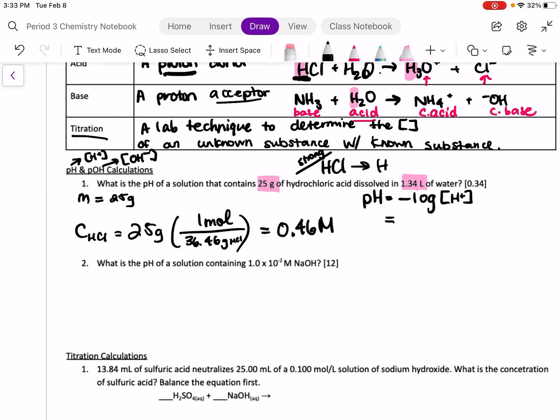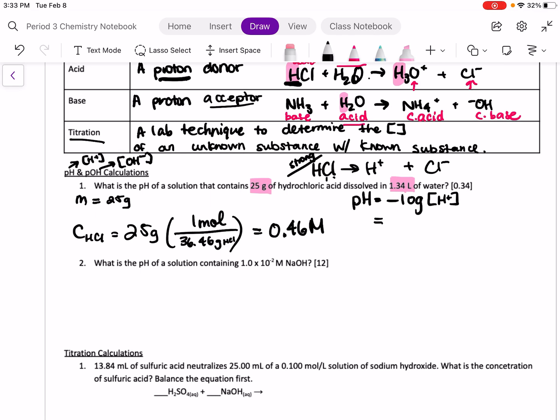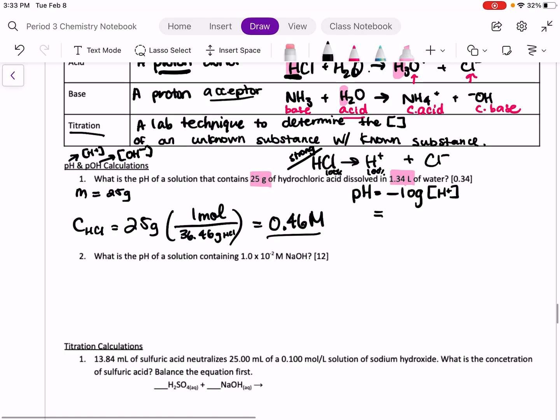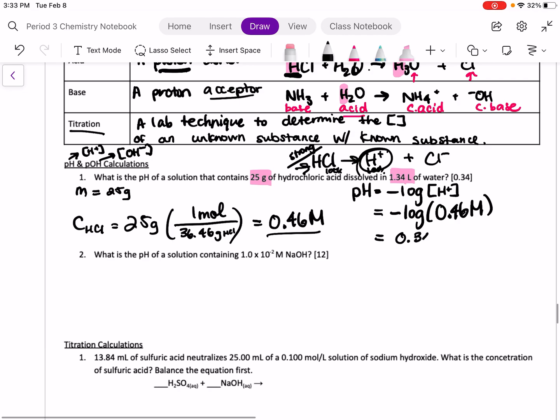That means that it's going to fully ionize into H plus and Cl negative when put into water. So because 100% of whatever my concentration is now my hydronium concentration, this concentration is my hydronium ion concentration, even though it's talking about HCl. So I have negative log 0.46 moles per liter. When I put this into my calculator, I get 0.34.